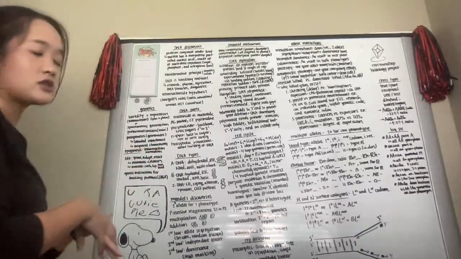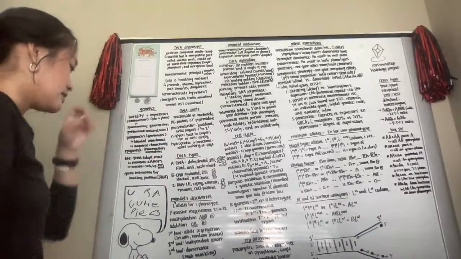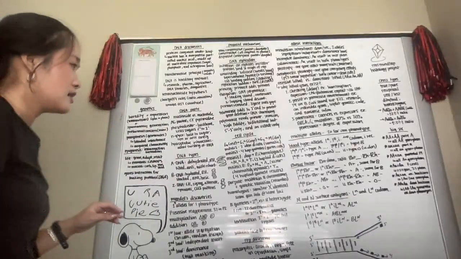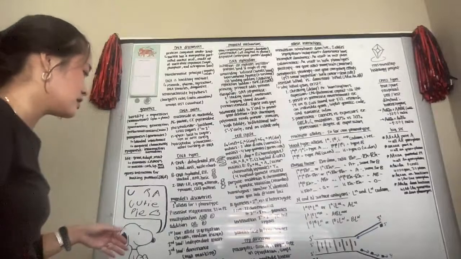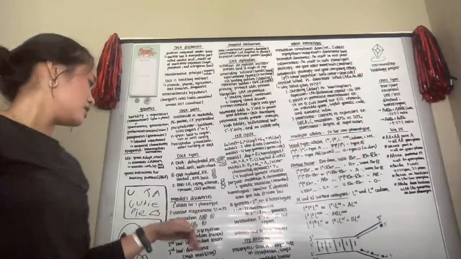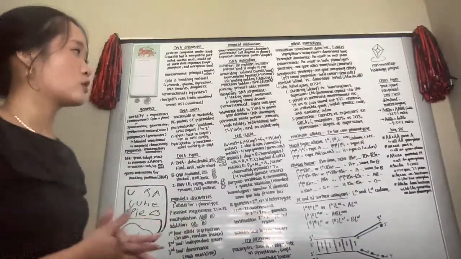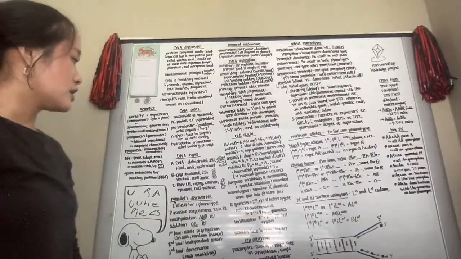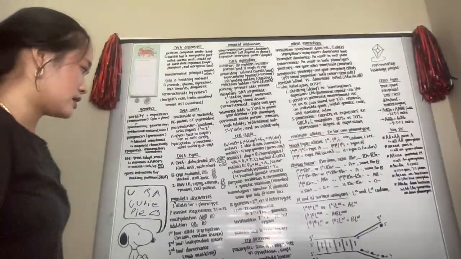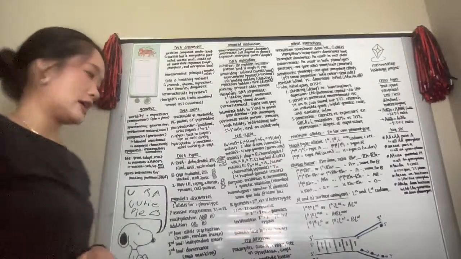However, it's going to reappear in the F2 generation in a 3-to-1 ratio. And then there is a multiplication and addition rule. If you see the word and in the problem, you need to multiply. If you see or, you need to add. This has to do with probabilities. For example, what is the probability of an individual having black hair and brown eyes, you would multiply. And if it's black hair or brown eyes, then you would add each probability.